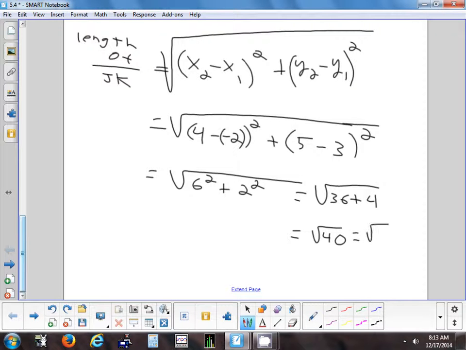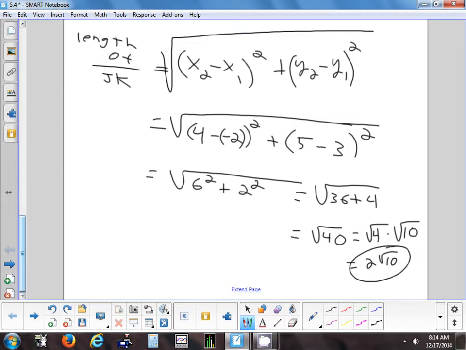One way to reduce a square root is to break it up into two numbers that multiply together, where one of them is a perfect square. Anybody tell me a perfect square that goes into 40? Yeah, so you can break 40 up into square root 4 times square root 10, and the square root of 4 is how much? 2. Good. 2 square root 10.